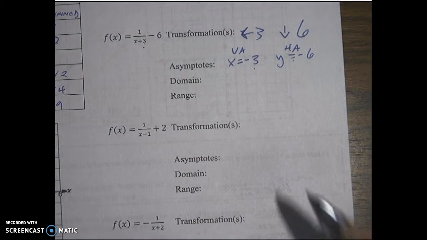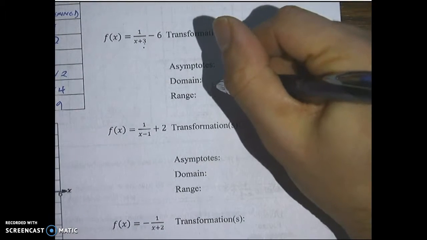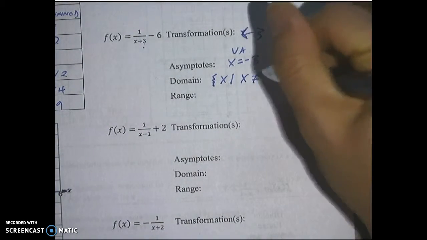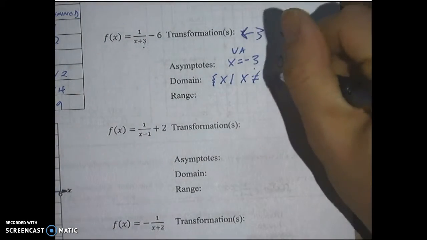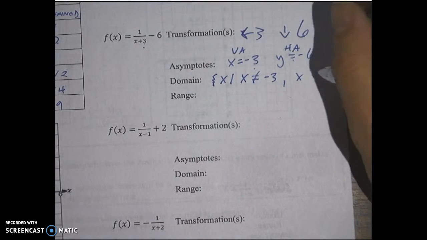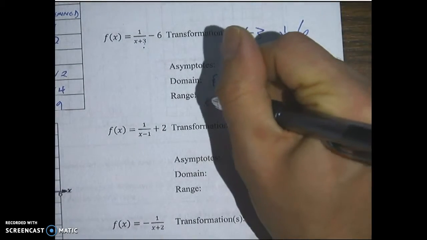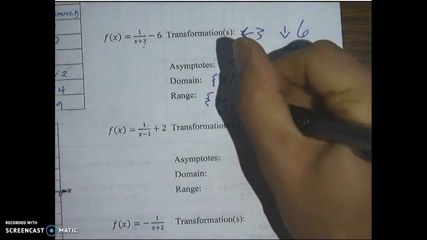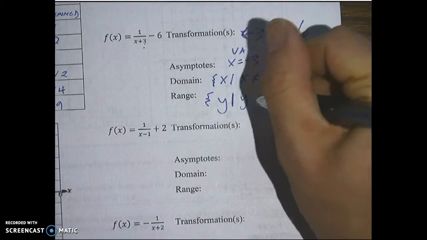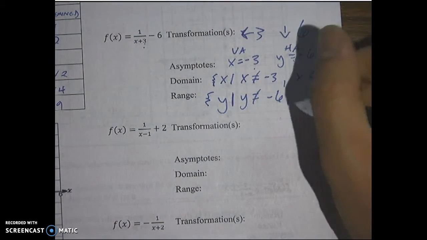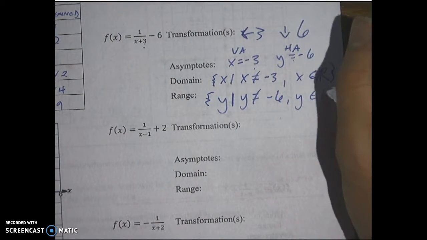So the domain is x is a number such that x cannot equal negative 3 and x is a real number. And y is a number such that y cannot equal negative 6, because it can't be the asymptote, and y is a real number.